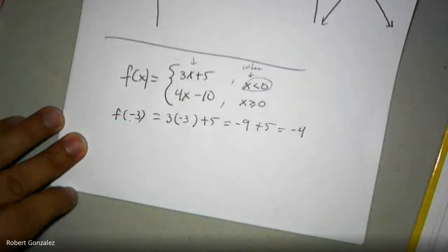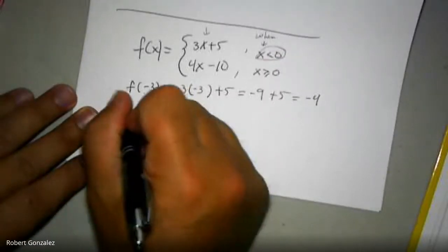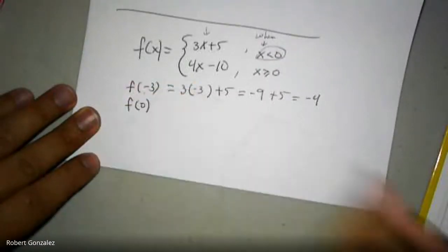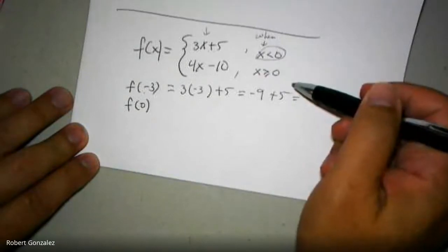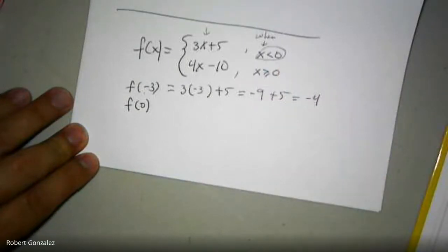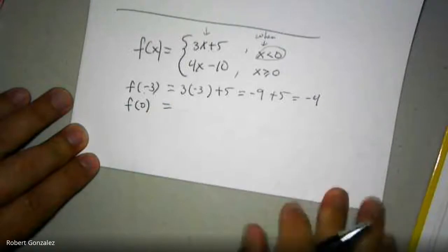I could graph it, but right now we're just evaluating values. Let's try another one. F of 0. This time, I want you to decide which category it is and then do it, and type your answer into the chat box. Tell me how much f of 0 is.